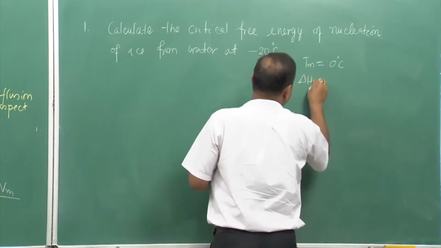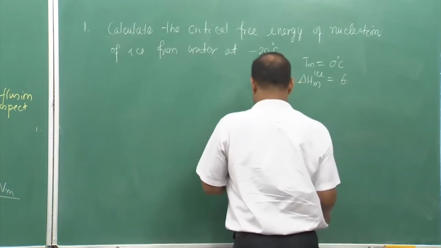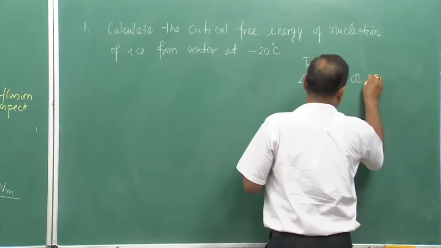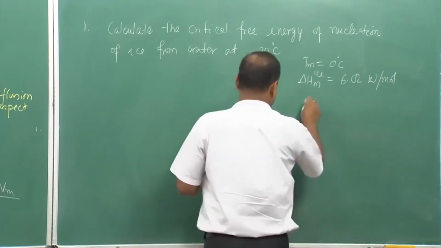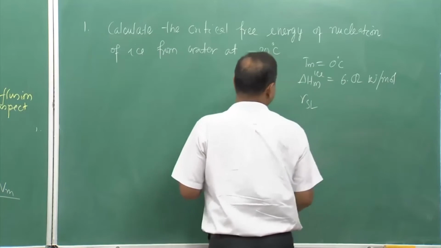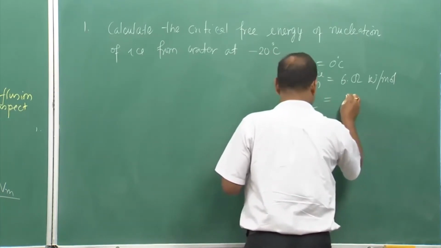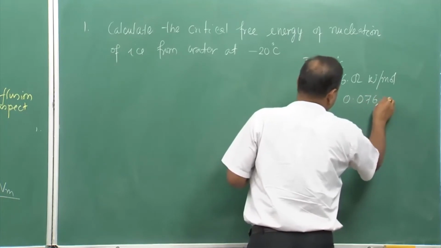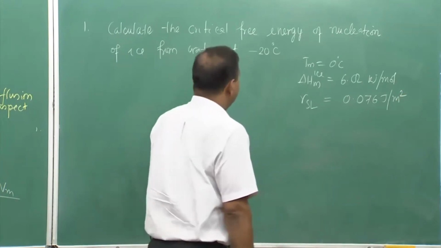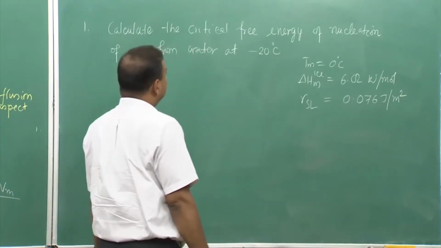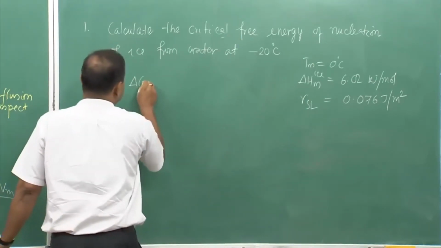delta Hm of ice is equal to 6.02 kilojoule per mole, and gamma SL, which is the ice-water interface energy, is 0.076 joule per meter square. Also, while calculating this critical free energy, we have to calculate delta G star.